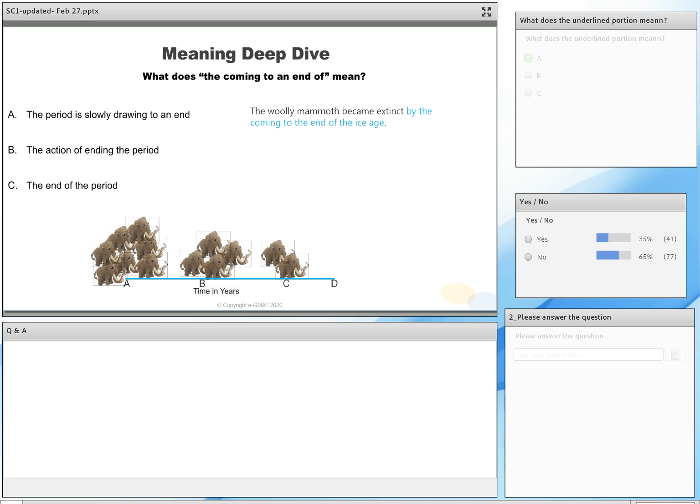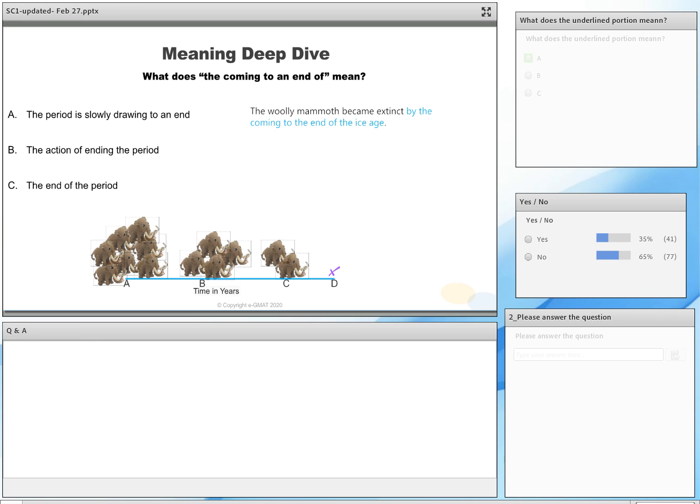And as the years went on, we see fewer woolly mammoths in period B, fewer woolly mammoths in period C, and by the coming to the end of the Ice Age, by the time we get into period D, by the coming to the end, that movement towards the end, we have no more woolly mammoths, right?